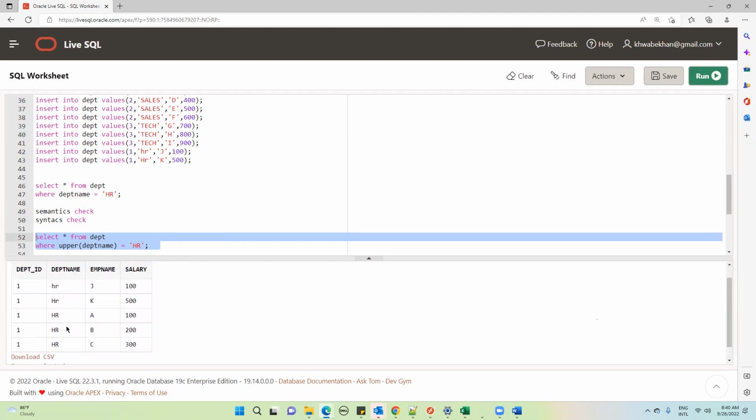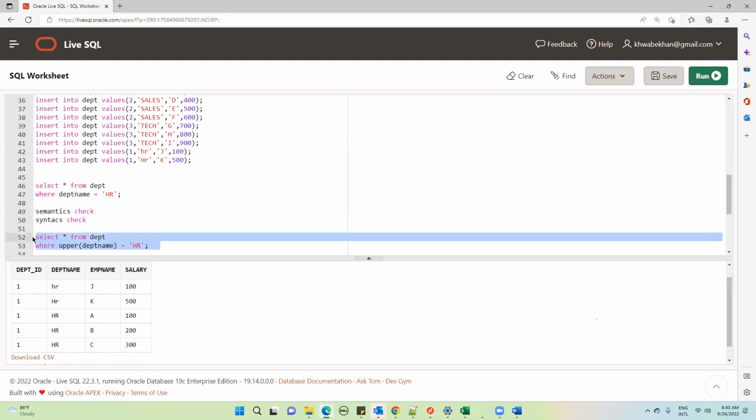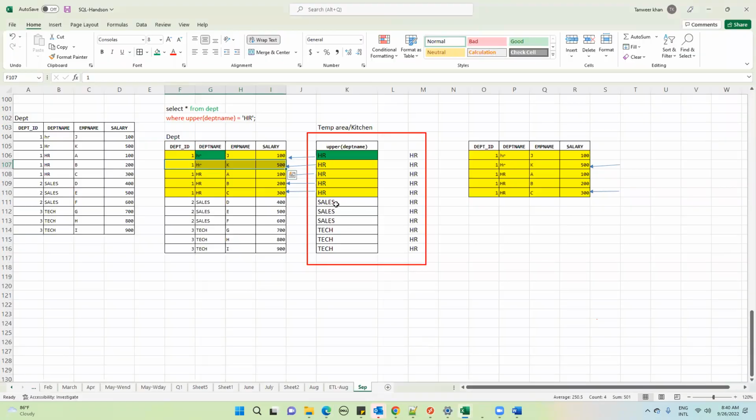We would have stopped the discussion here, and I would have told you that whenever you want a case insensitive search, blindly use UPPER and you will get the output. This is a high level discussion. Just briefly I'm telling you that this thing happens. But when you go to a granular level, like here, where we have seen what is actually happening, what this UPPER is doing, what is happening in the temporary area, this is known as a detailed explanation.